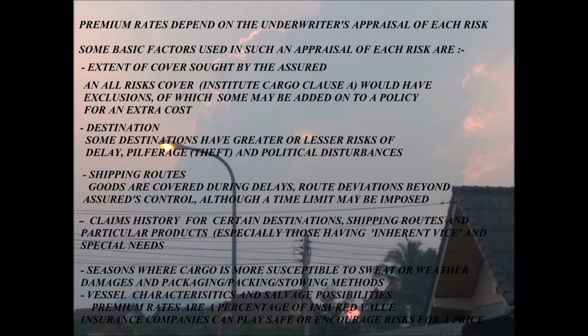Like food and agricultural products, which can get damaged, obviously, and they will have special needs as well. So special needs could be timber. The timber needs to be protected from rain, heat, and disinfected.